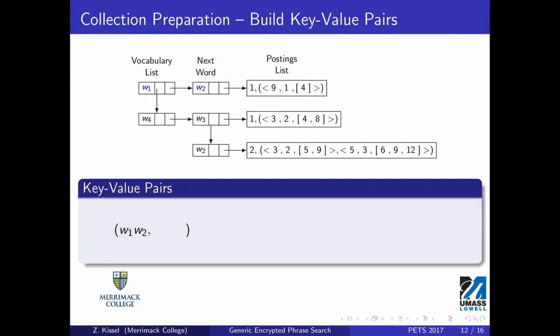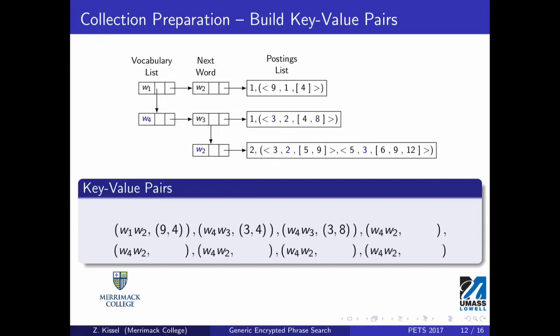So here's how we collapse that data structure. We notice that we have W1, W2. It occurs in one location in document 9, specifically at location 4. We look at the same with W4, W3. It occurs at 2 locations in document 3, 4 and 8 respectively, and then in W4, W2, 2 in document 3, 5 and 9, and 3 in document 5, 6, 9, and 12.